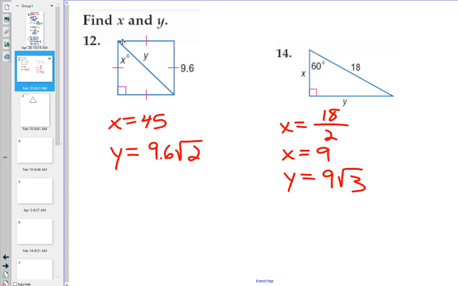I wouldn't have been able to do anything else if I had not used the 60 to recognize that this was a 30, 60, 90 special right triangle. But after that, they're not asking me about any angle measures. They're just asking me about sides. Specifically, the short leg, and then the long leg. So I just use those conversions, which hopefully you will memorize soon.